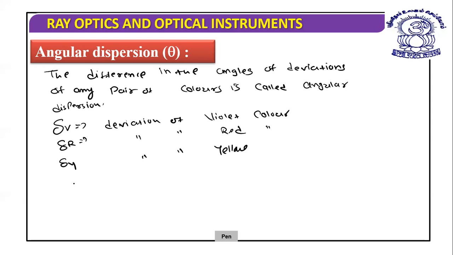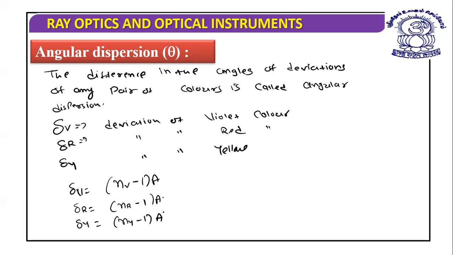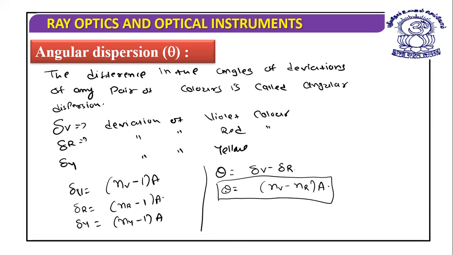We can write the deviation of violet color as (refractive index of violet minus 1) into A, the deviation of red color as (refractive index of red minus 1) into A, and the deviation of yellow color as (refractive index of the prism for yellow minus 1) into A. The angular dispersion theta can be written as delta V minus delta R. That is (mu V minus mu R) into A. This is called the angular dispersion.